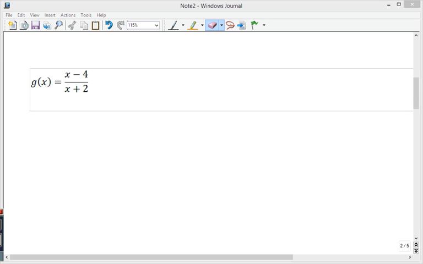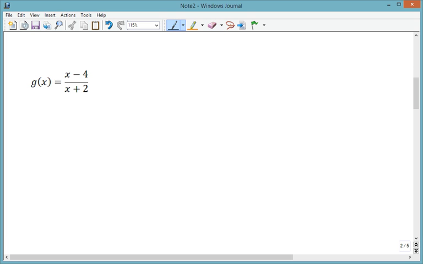Here's another rational function, and in this case, if you look, these are both of the first degree. So the degree of the top and the degree of the bottom are the same. Which really means, think about this: if you had x minus 4 over x plus 2, and say x is 1,000, we have 996 over 1,002.